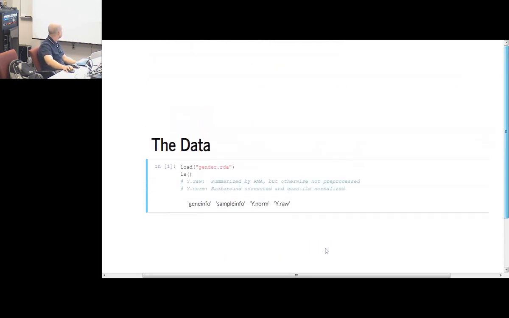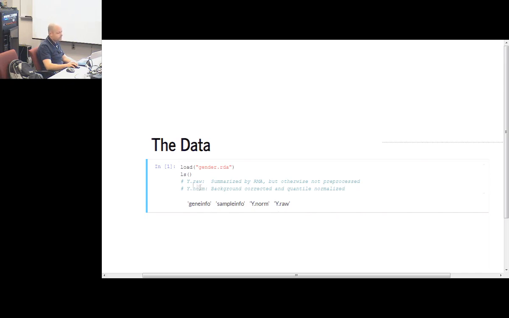So I'm going to just show you the data. Here I've loaded this data set into R, type ls, and here's what's inside. We've got a data frame with information on the genes, a data frame with information on the samples, and then we have two versions of the expression data.